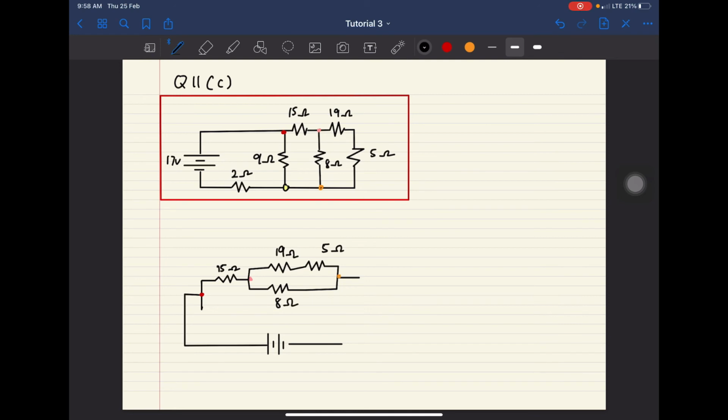Okay, so now actually we already draw this part. Yang 15 ohm tu dia pecah dekat pink junction, yang satu tu 19 and 5, and then it goes back to orange, and down there they meet up straight away ke orange tu. Okay, and then the go straight still there's no junction, tapi dia akan meet up, there's no resistor here, but dia akan meet up at a junction here with the 9 ohm there. So the 9 ohm I haven't drawn, so that one is from here actually.